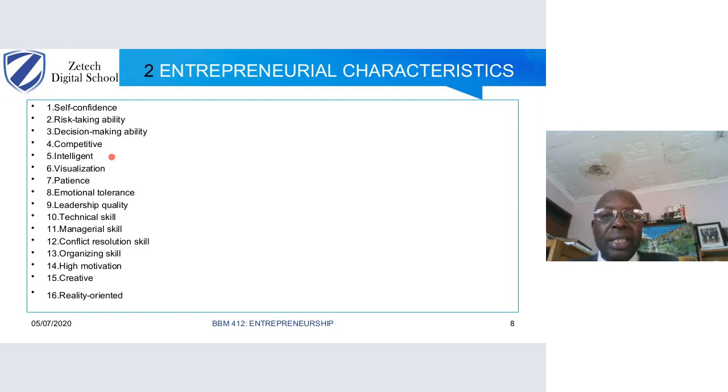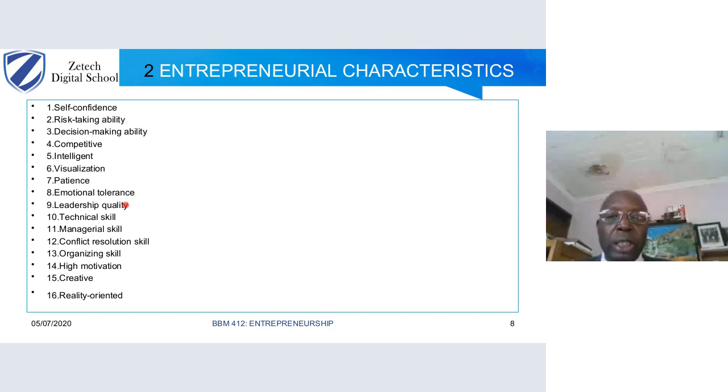They are intelligent, they visualize, they're patient. In terms of growing from a Mabati structure, example given by Kiprotich, this person has grown. Emotional tolerance: they cannot be easily swept by the challenges they face.